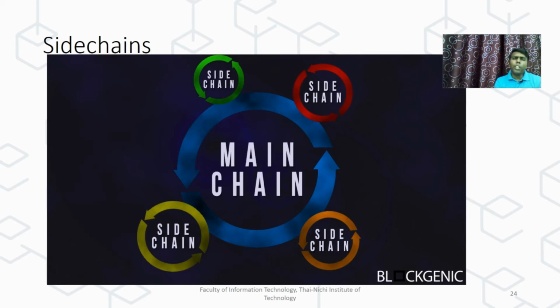So you have a main blockchain, and you have a separate network which is linked to the main network. The main chain is like a cryptocurrency such as the US dollar moving in, and side chains are like the local currencies of various countries.